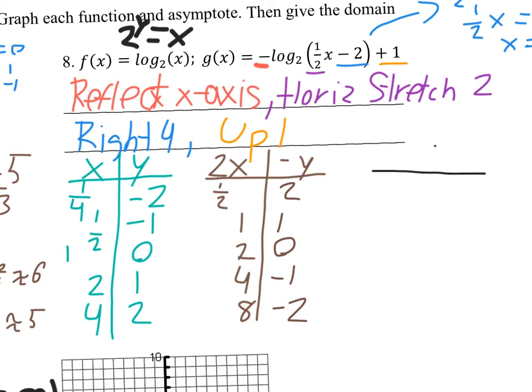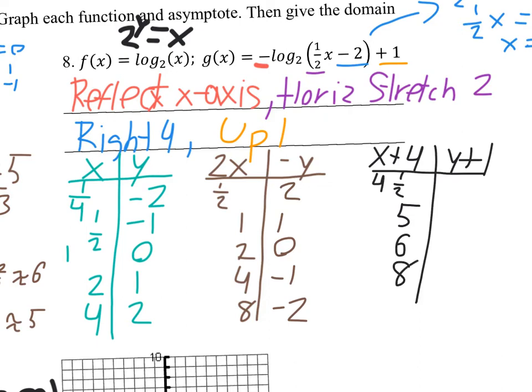And our last tables, well, those are our addition subtraction tables. We have right 4 units. So we have x plus 4, and we have up 1, y plus 1. So x plus 4 from the previous table, that's going to give us 4.5, 5, 6, 8, and 12.